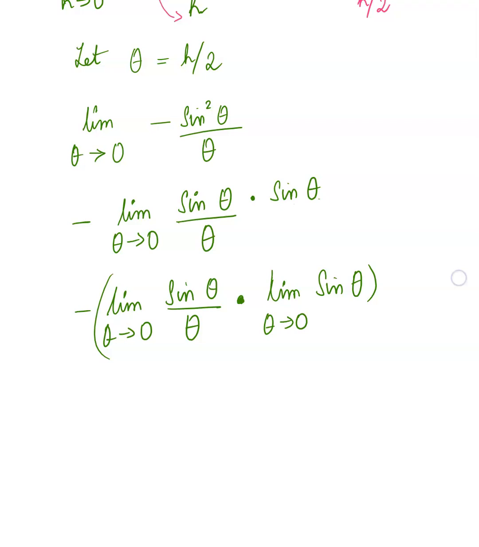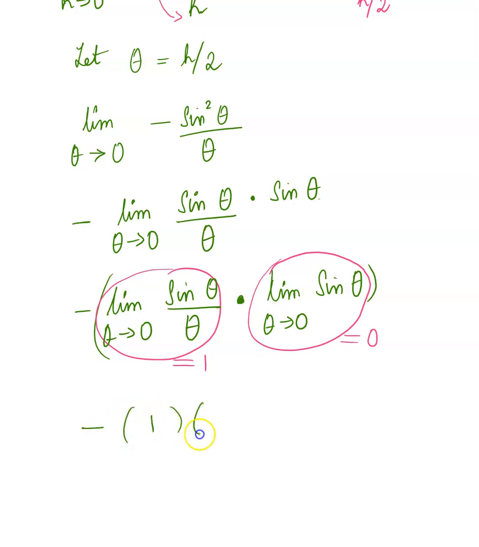Now I can show that this is equal to 1. And when you plug in 0 for theta, sine 0 is 0. So what we have is negative 1 times 0, which is 0, which is our right-hand side. Thus, we prove that as well.